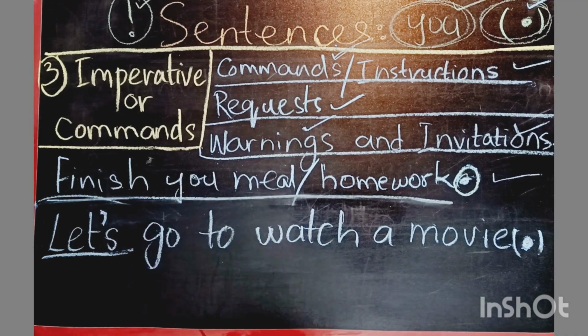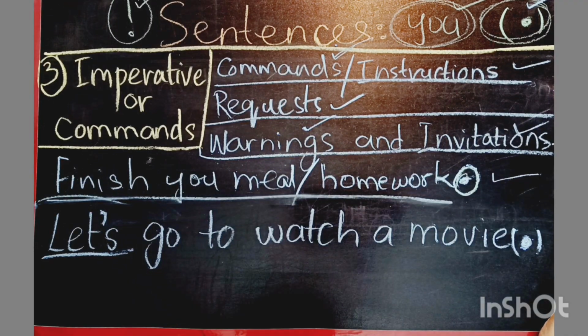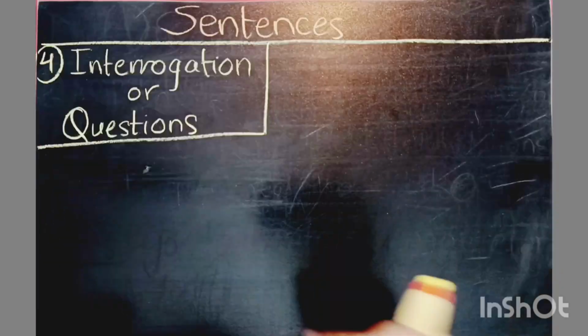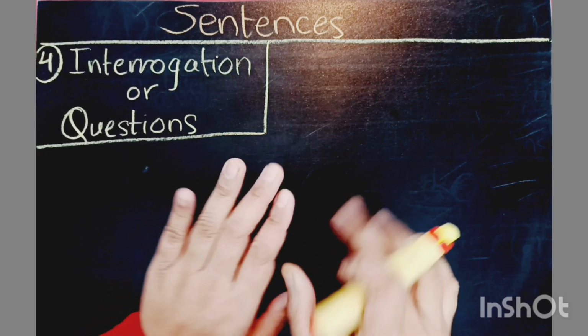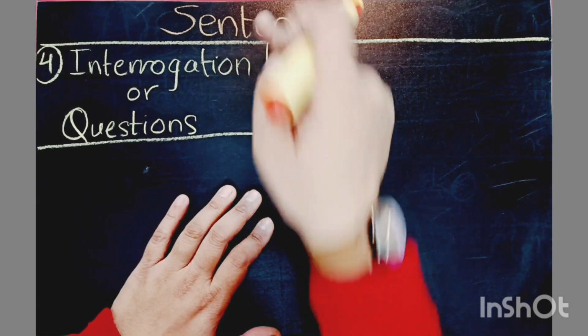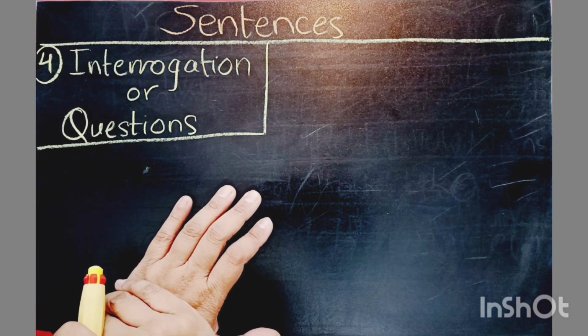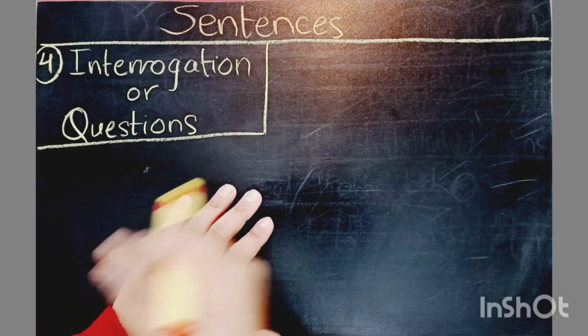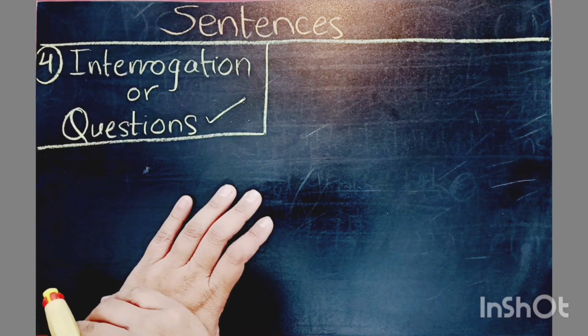Let us move towards the interrogative sentences, which is the fourth form of the sentences. So the fourth type of the sentences is the interrogation or interrogatory sentences or interrogative sentences or the questions. Okay.